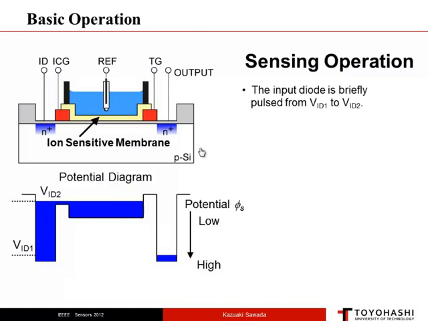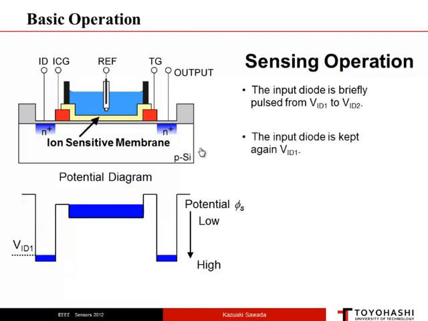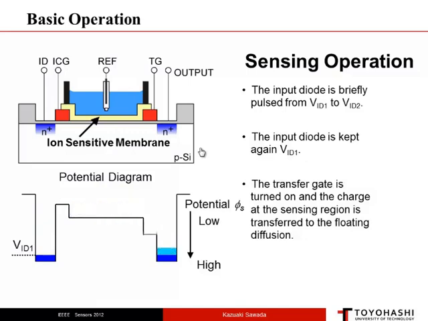Then electrons are filled, flow into the sensing region, and are kept again at VID1. So electrons remain, corresponding to the pH value. These electrons are read out by opening the TG. Then these potential changes are read out by CCD technique or image sensor technique.